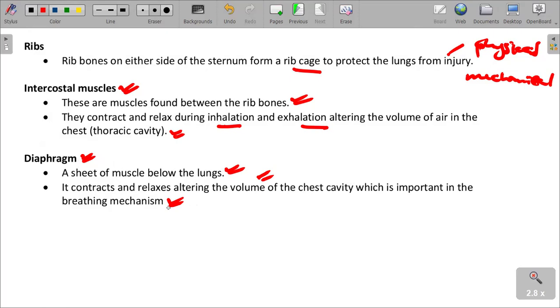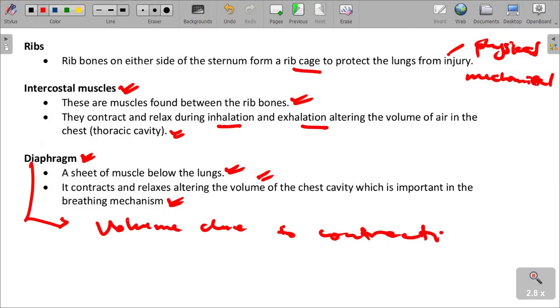So breathing is regulated because of the diaphragm, which controls the volume through its contraction and relaxation, which affects the volume of air within the chest cavity.